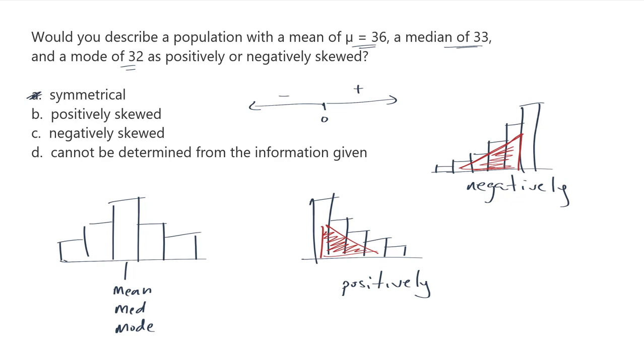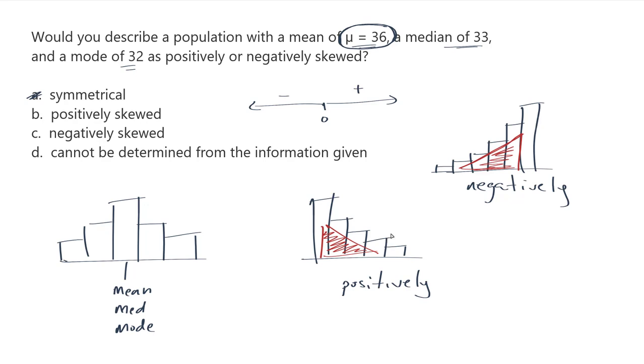Now, do we have a positive or negatively skewed distribution here? Well, the quick rule of thumb that I use is that you should look basically just at the mean. The mean gets pulled towards wherever the skew is. So the mean is a higher value than both the median and the mode.